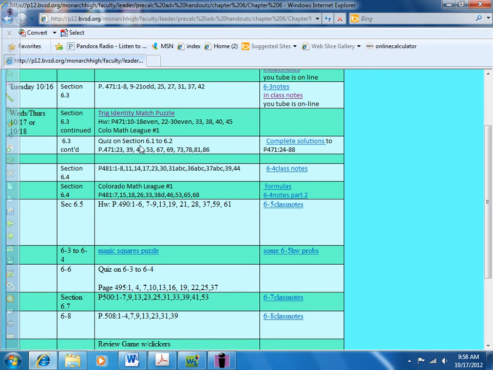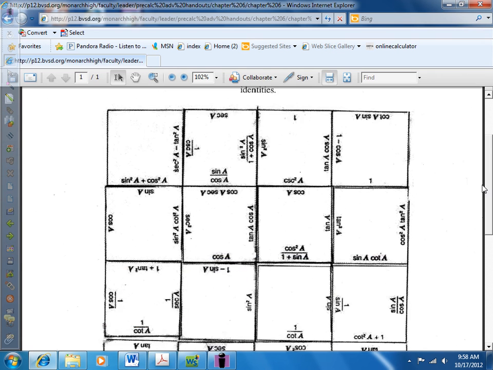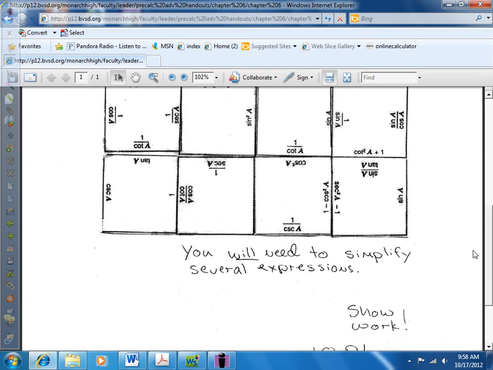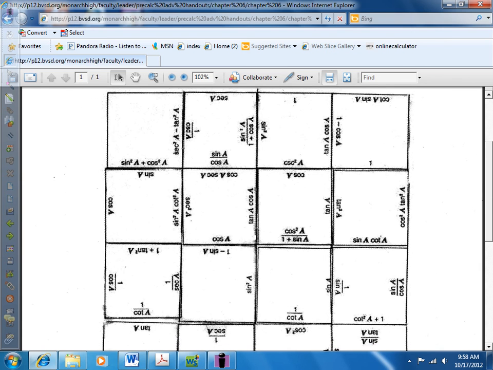You can do this with a partner. What you have to do is cut these all out and use some of the techniques to figure out which things match up.